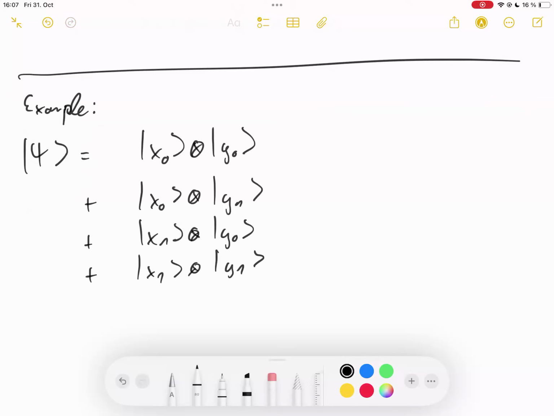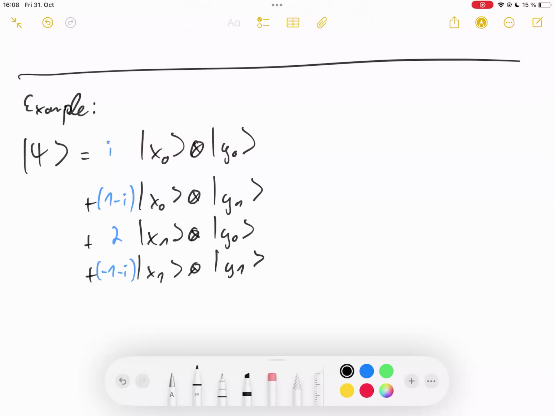And now I need to put here the probability amplitudes. So here we say the probability amplitude is 1. Here we say 1, sorry, it's i. i is the first one, then 1 minus i, and then a 2, then minus 1 minus i. So i, 1 minus i, 2, minus 1 minus i.